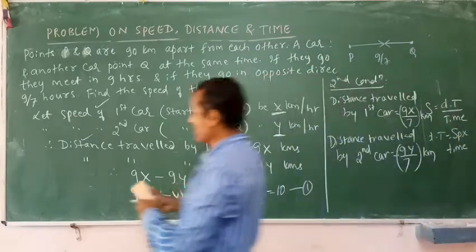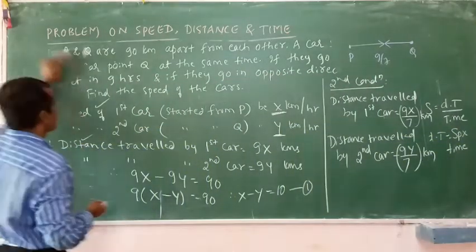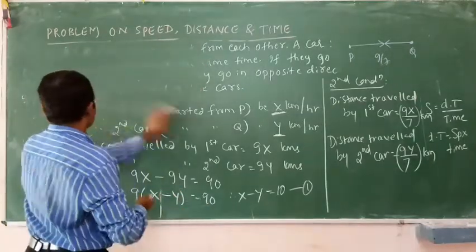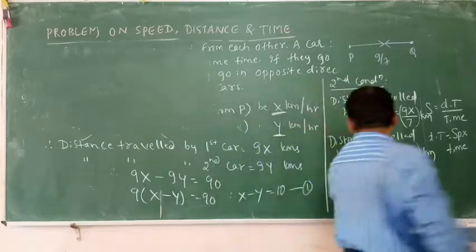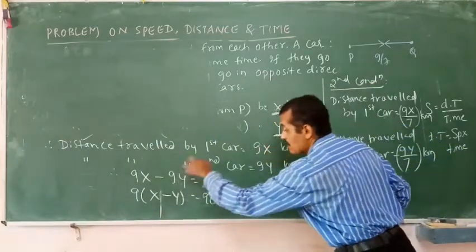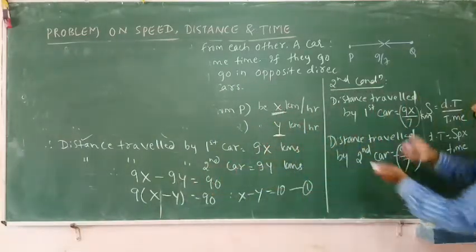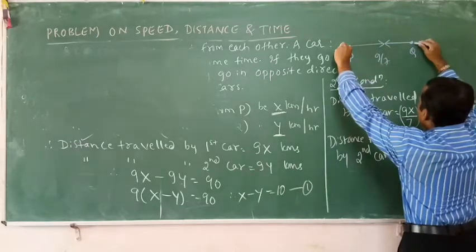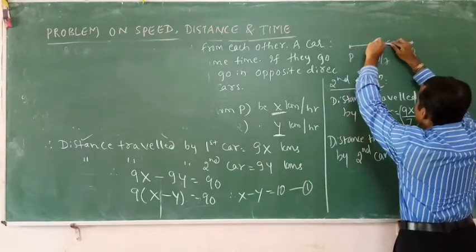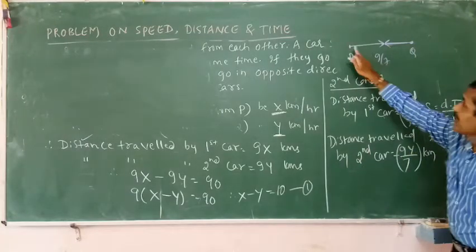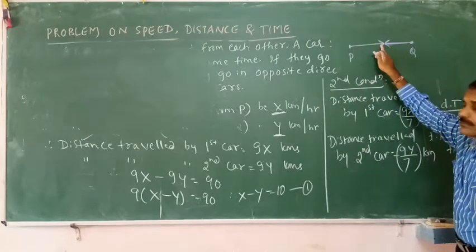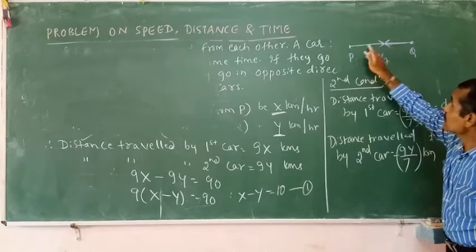But how to generate the equation? See, earlier I wrote this minus this is equal to 90, but now they are coming towards each other like this. They are meeting here. Can I say this distance plus this distance together is 90?